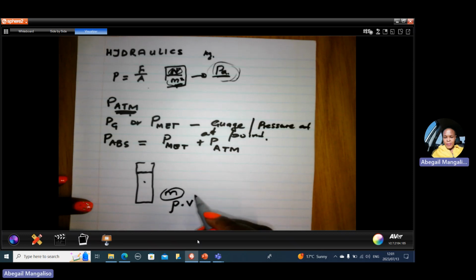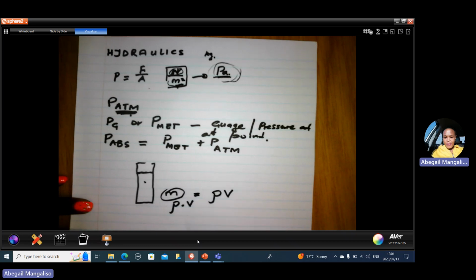So the mass is given by density multiplied by volume. When we make density the subject, density is given by the mass of the liquid divided by the volume.